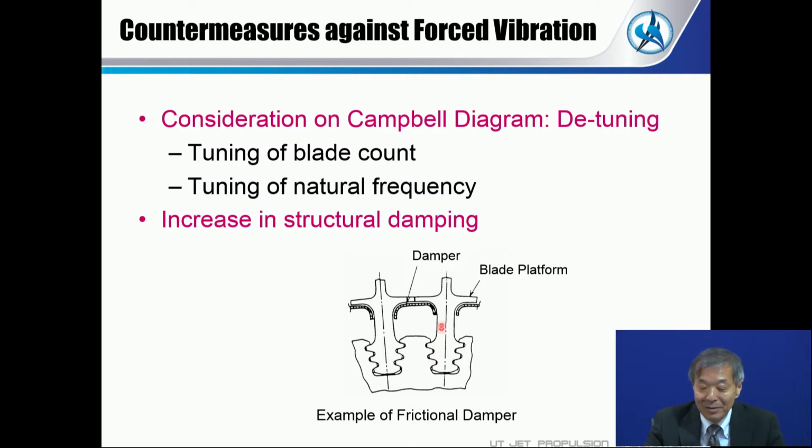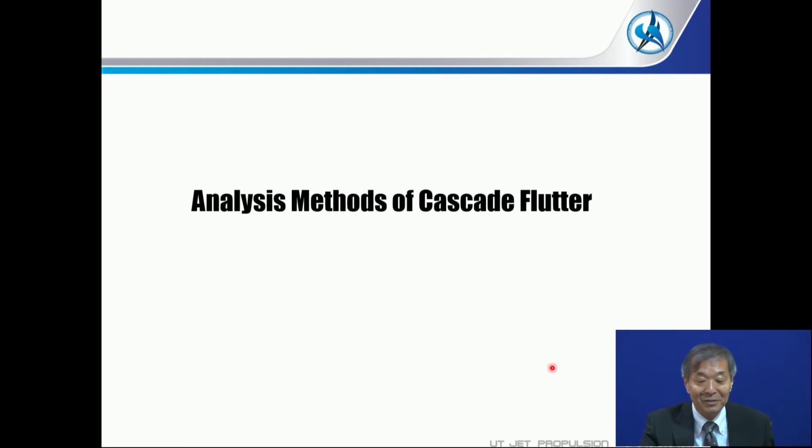So sometimes, this is the root of a turbine, and there is a Christmas tree structure. There is damping here. But if we need more, there is a damper here. So a thin plate is placed here to absorb the vibration energy. These are the typical countermeasures. Okay.